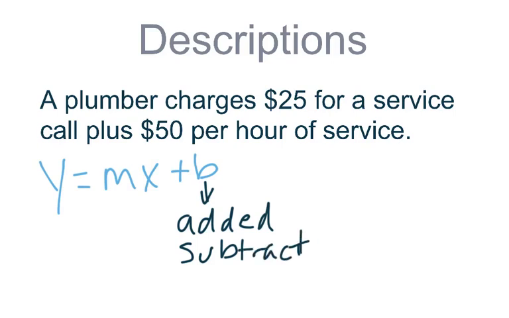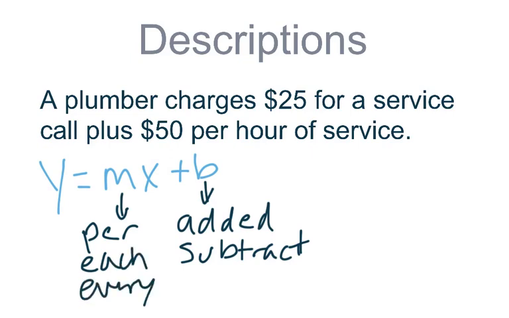But it's by itself. It's solo. And then our m is typically triggered by a word like per, each, and every, because it's something that's being multiplied, right? Because we have to multiply it by our x or whatever that variable would be in our problem, all right? So knowing that, go ahead and jot that down if you need it.